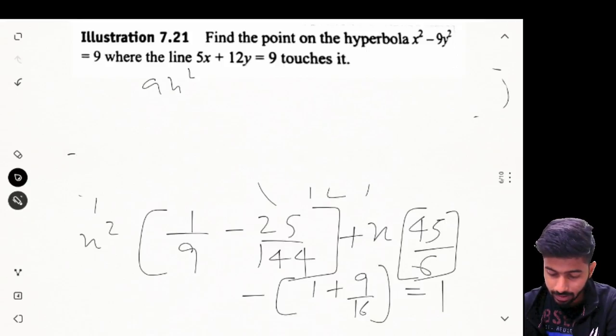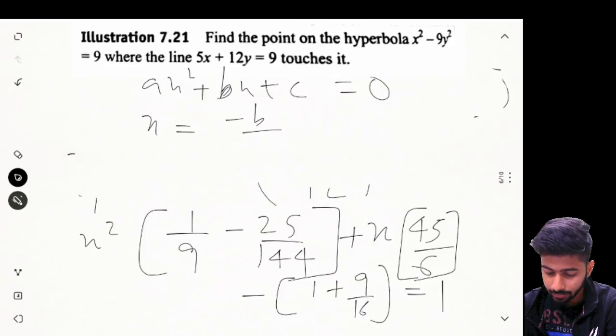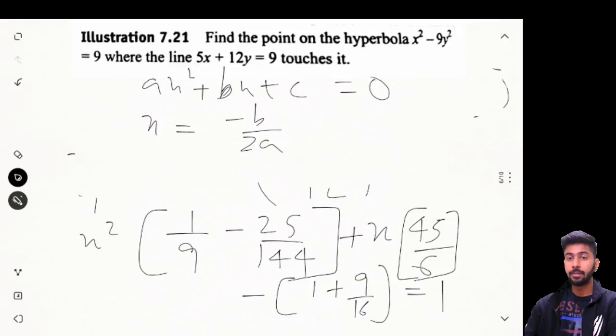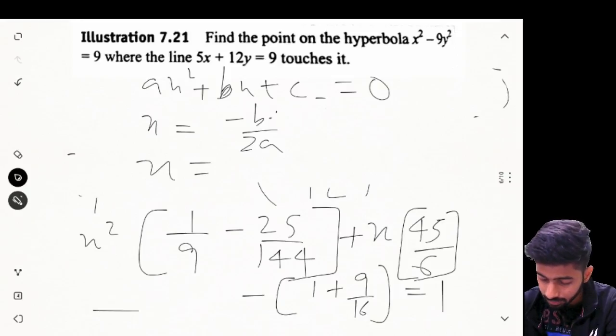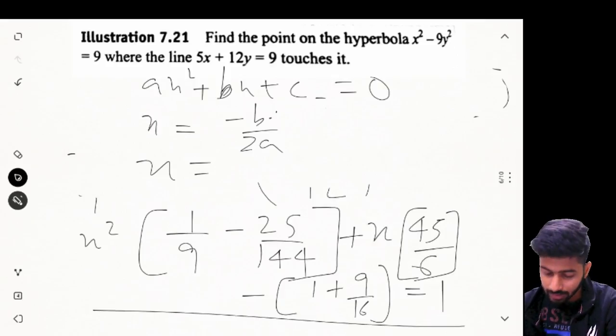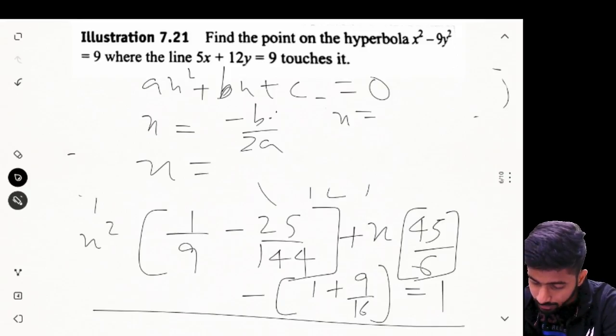If this is your quadratic with repeated roots, then x is straight away minus b by 2a, because the discriminant part becomes 0. That's why straight away x is minus b by 2a. So here, because I know for this equation also I have repeated roots, I can straight away get the minus b for this. So x is straight away minus b, which is minus 45 by 6 divided by 2a.